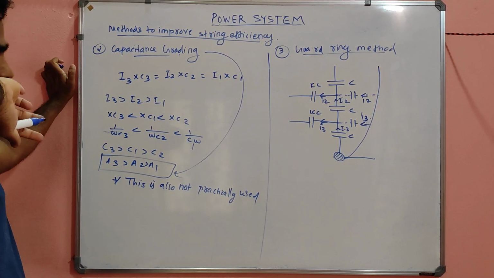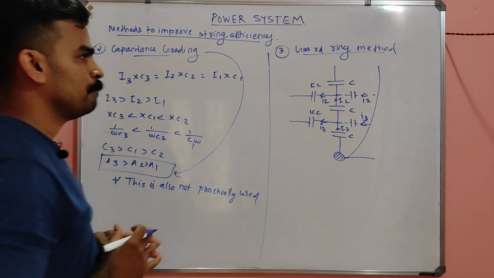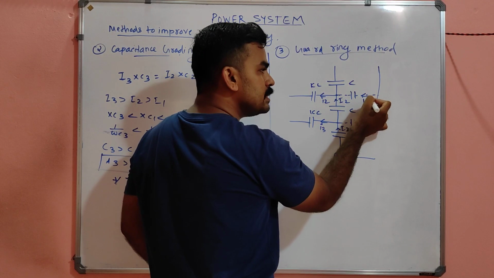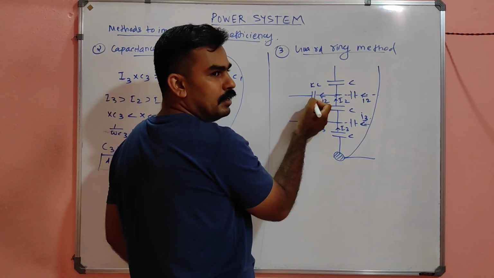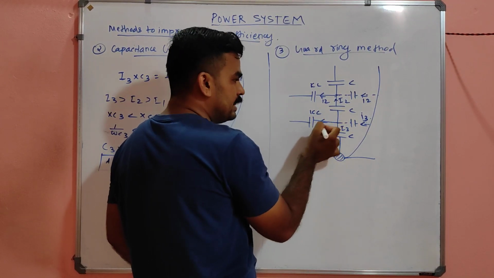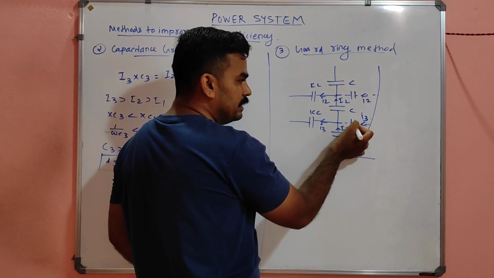So what is happening actually here? The current requirement of this capacitor is fed by this capacitor, because this current is coming here and is met by here. For this current there is a requirement of I3 here, and that I3 will be provided by this.